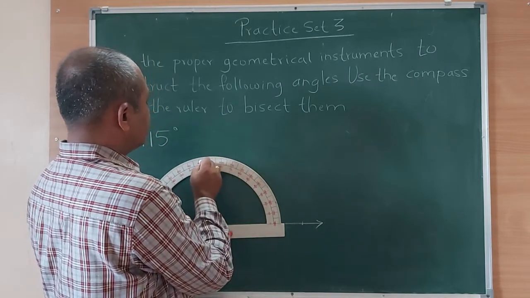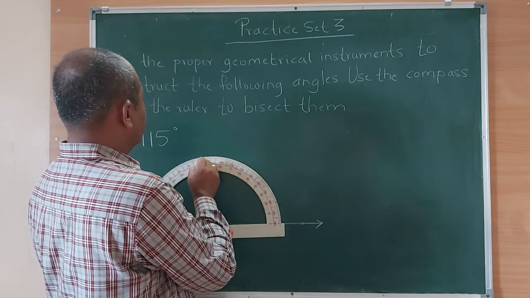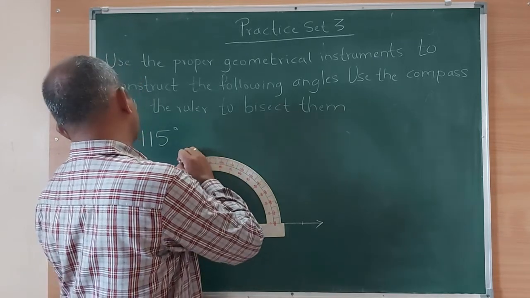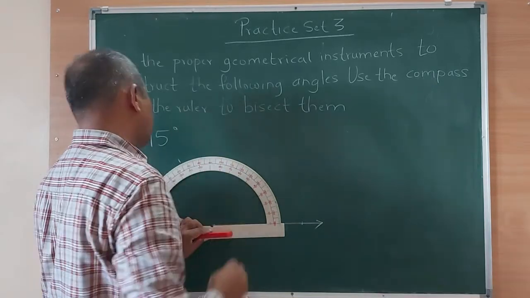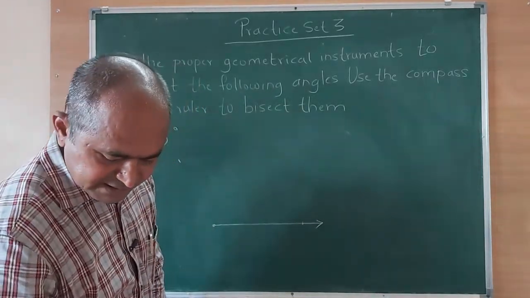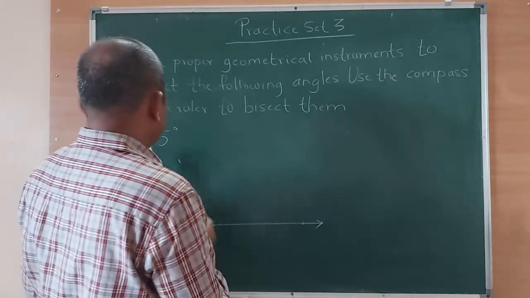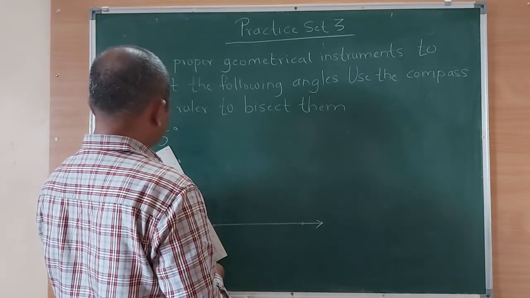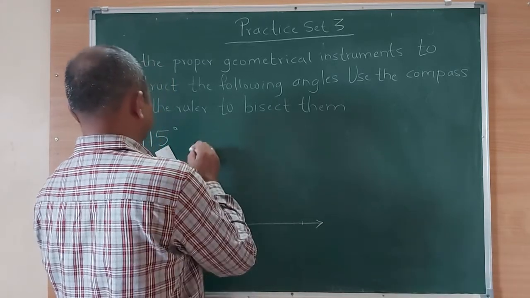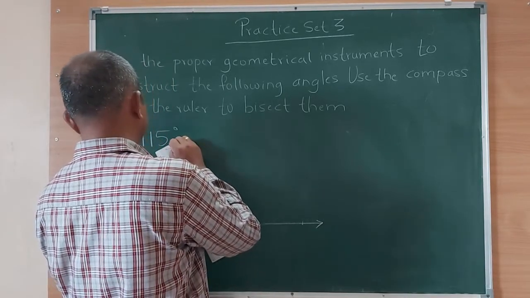This is 90, 100, 110 and 115. So children, 115, what type of angle is it? Yes, because it measures more than 90 degrees, it is an obtuse angle. Very good.